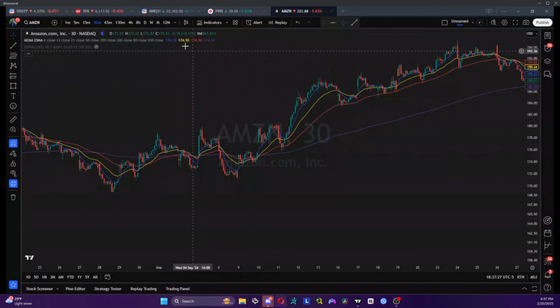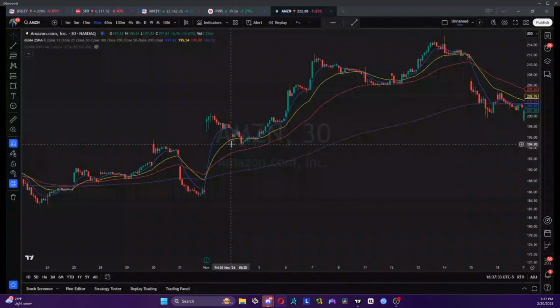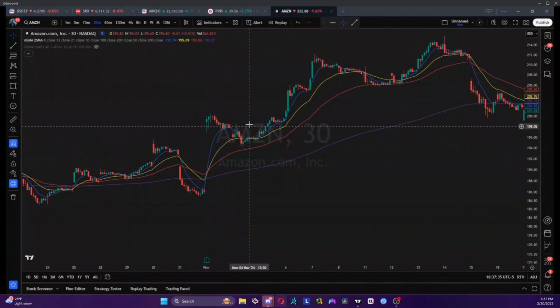So here you have a 30-minute chart. And this is a perfect example of how to use EMAs on the bigger time frame to your advantage. Price is trading, obviously you had a gap up. This was earnings. Forget that earnings existed, but let's take that into consideration.